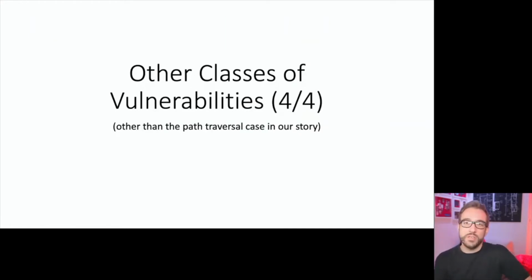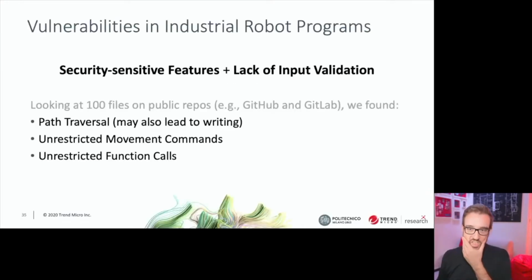Another question is: are there other classes of vulnerability other than the path traversal that we have seen in our story? In general, the combination of security-sensitive features of the language, of the platform, or whatever you're using as a target, and the lack of input validation means that there is a potential vulnerability.